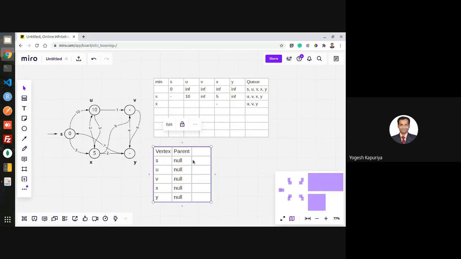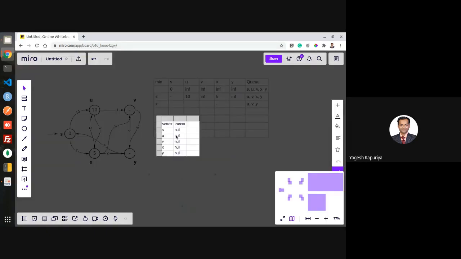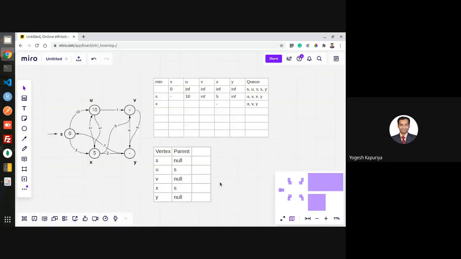Okay. We have updated U and X, so that's why the parent of U is S, the parent of X is also S. So after the first iteration, this is the situation of the parent matrix.